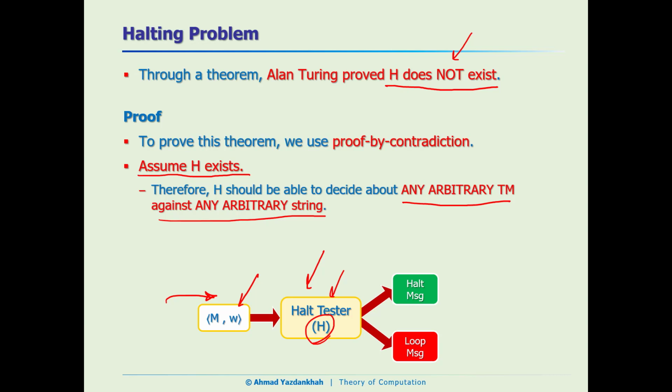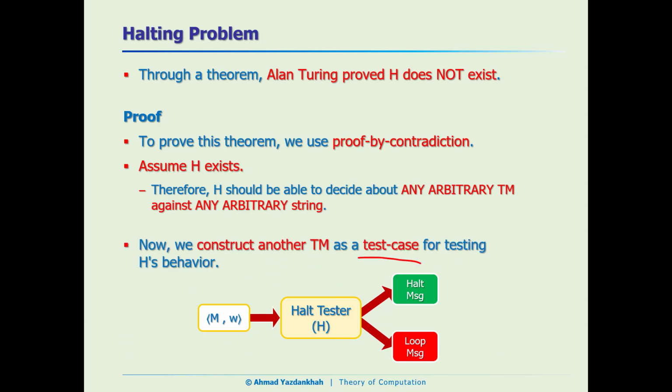I mean, H cannot exist because it cannot behave correctly on at least one Turing machine that we created. What are we talking about? Let's construct a test case first. It's just a special Turing machine.